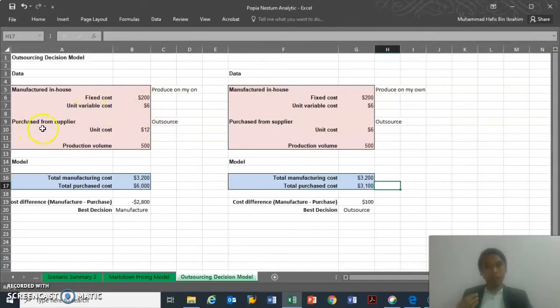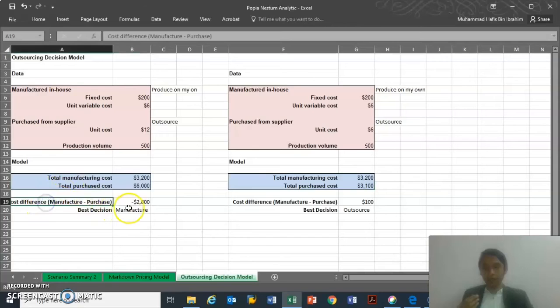While if I purchase from other supplier, my unit cost is 12 ringgit and my production volume is 500 units. After calculating all of this, I got my total manufacturing cost is 3,200 ringgit, and the total purchase cost if I purchase from other supplier is 6,000 ringgit.